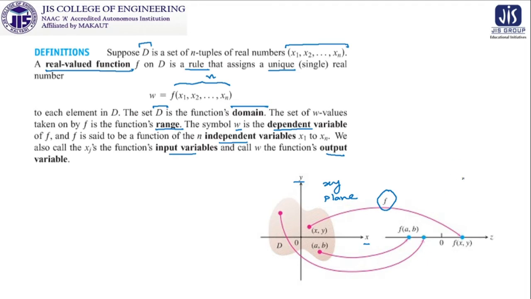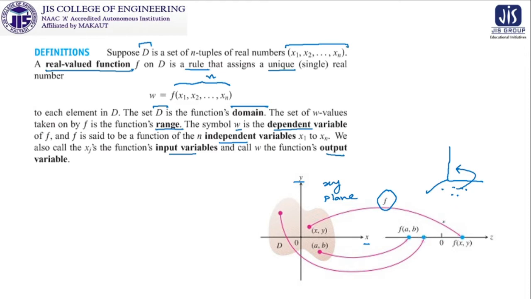For our understanding, we are generally denoting it like this. You take the points from here and you get a value for each particular point on this axis. So the point (a, b) goes to f(a, b), the point (x, y) goes to f(x, y), and this point goes to another point, the blue point over here.